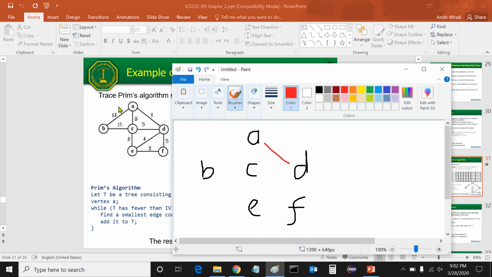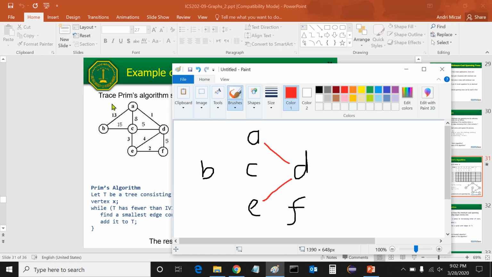Out of these edges, the minimum weight will be this edge from D to E. So that will be the next edge that we need to select, from D to E. Now after this, the next cutting will be to separate ADE from the rest of the graph. That cutting will become like this.